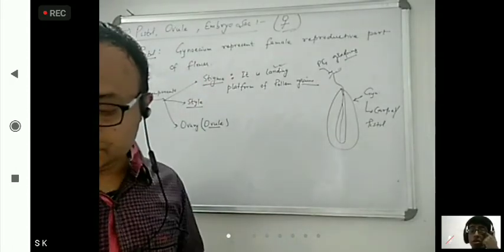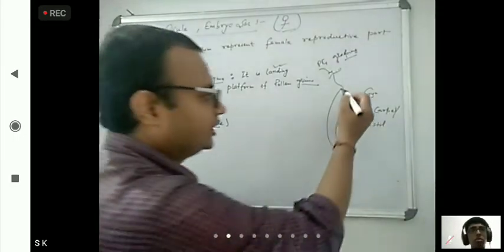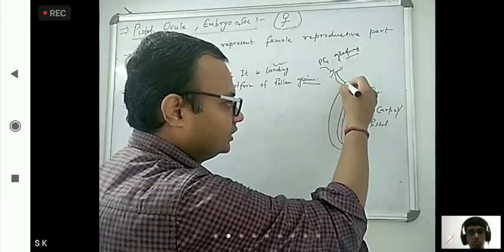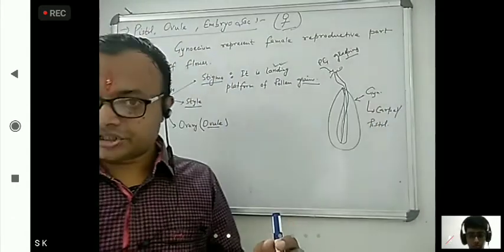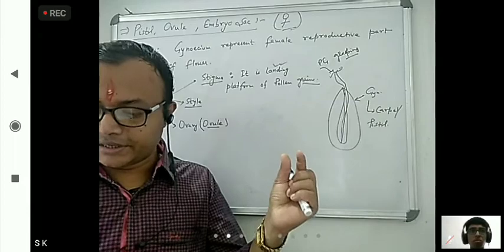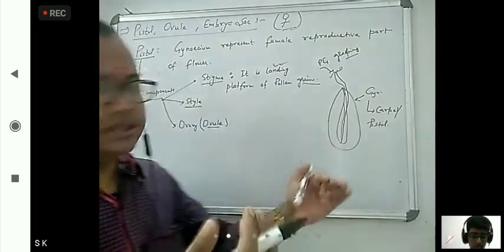Now, what is style? Style is elongated, with a hollow, slender structure. Where is it found? Beneath the stigma.